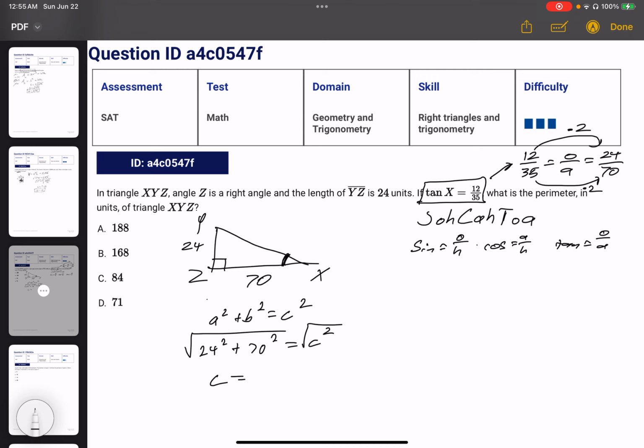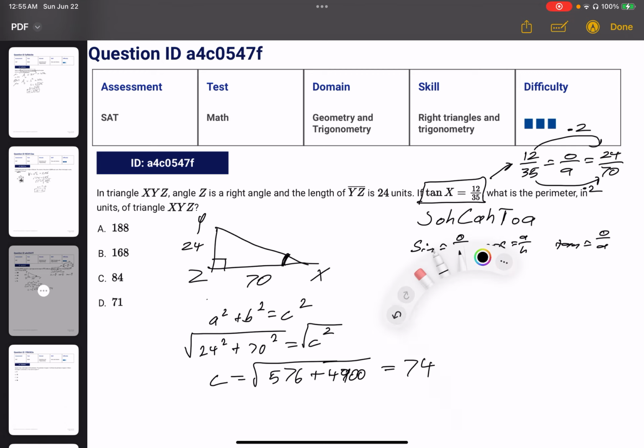So 24 squared is equal to 576 plus 70 squared is equal to 4,900. And then if we add these and then we take the square root, we have 74, which is wrong.